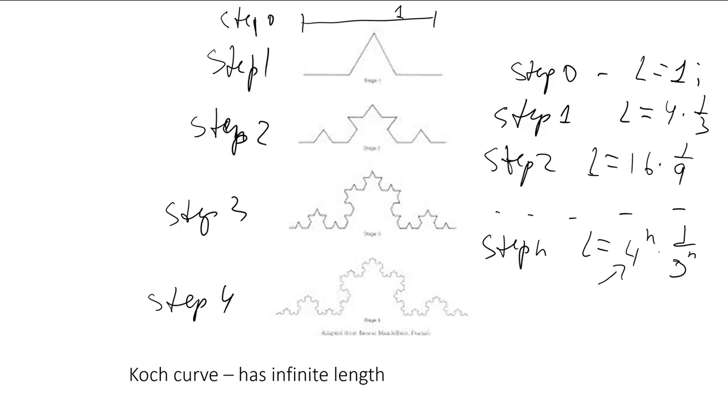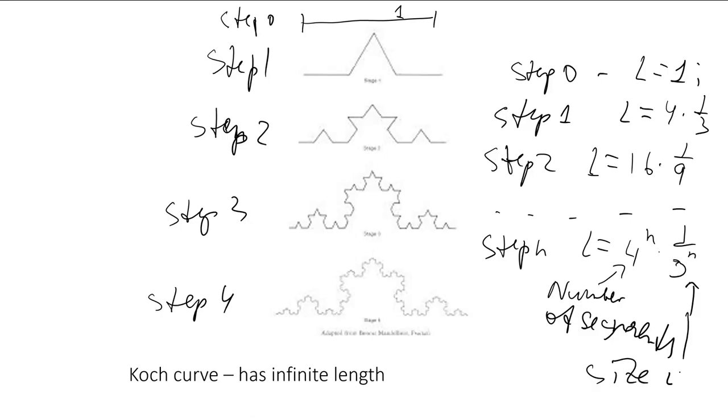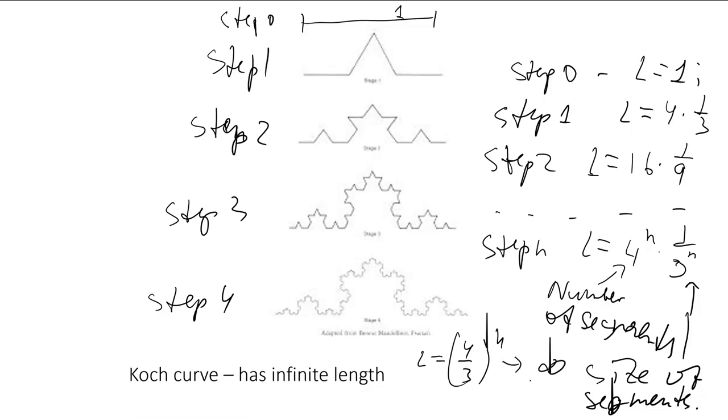So this is the number of segments, and this is the size of segments. And now we can see that L, which equals 4/3 to the power of n, tends to infinity when n tends to infinity. So the length of this curve is infinite.